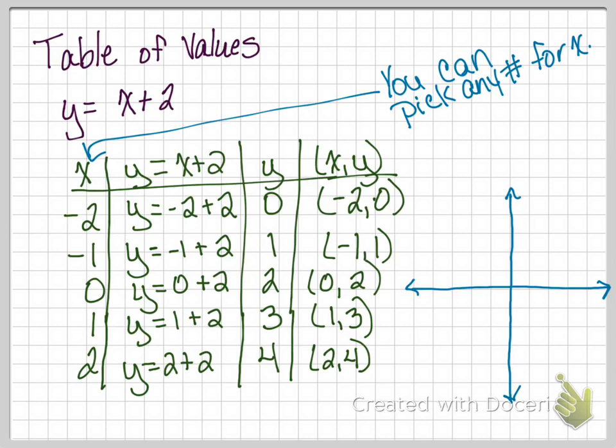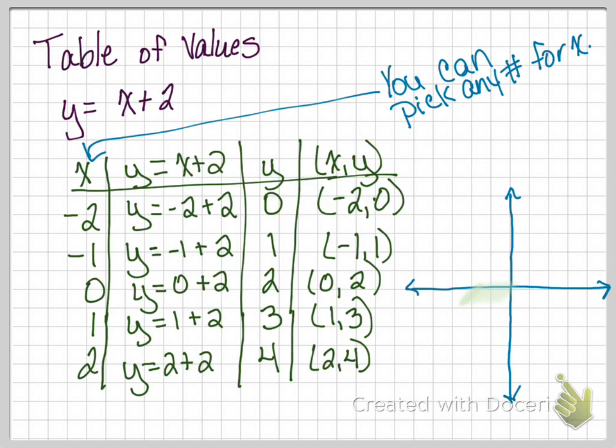Okay? So now, one of the things that sometimes students forget is that they have to do the left to right first. So when I am plotting this point right here, negative 2, 0, I go over negative 2 first, and then I go up or down.